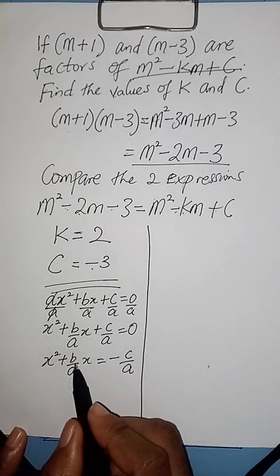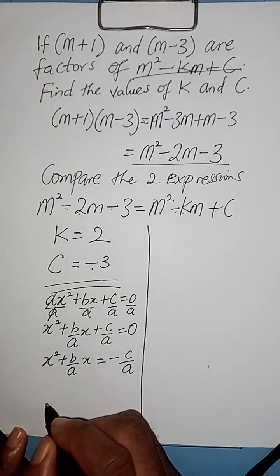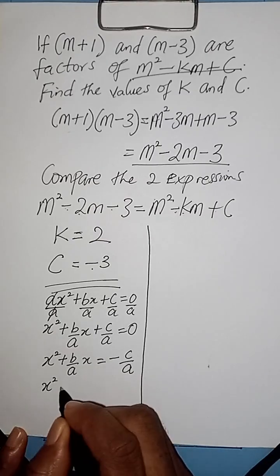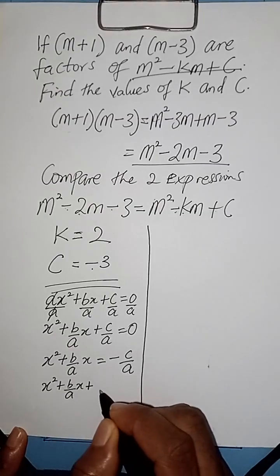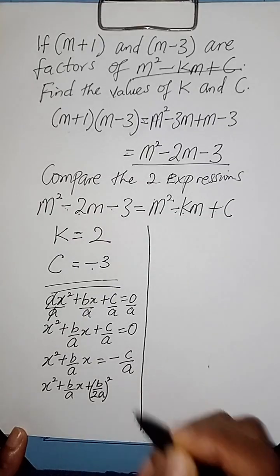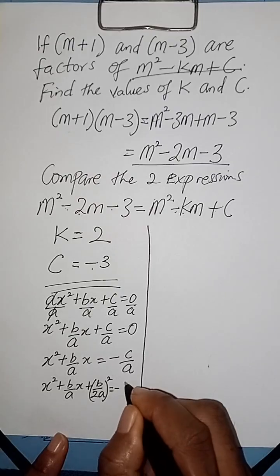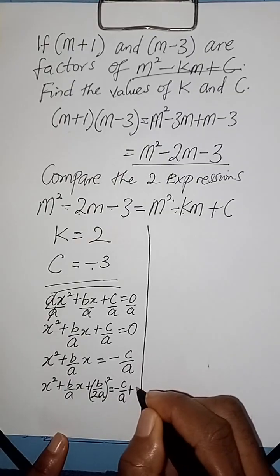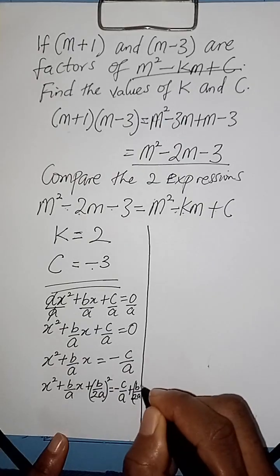Take half the coefficient of x, add it to both sides, and square it. So what is half of b divided by a? Half of it is b over 2a. So we have x squared plus b over a x plus b over 2a all squared. And that's what you also add to the other side: minus c over a plus b over 2a all squared. Sorry, I had to economize this so that it will be enough for me.